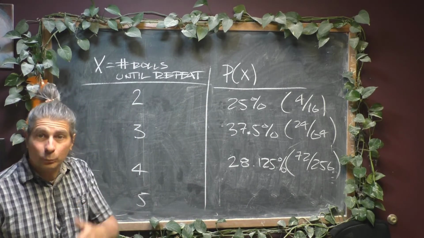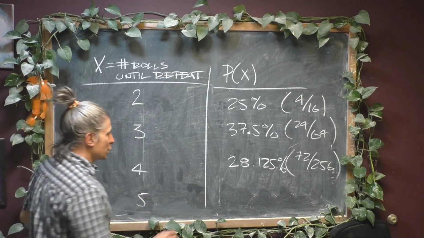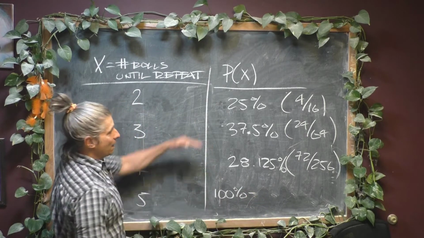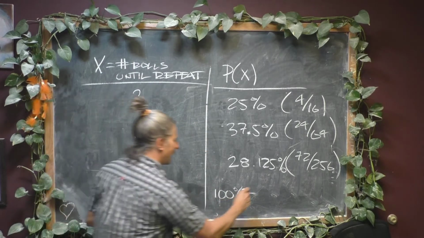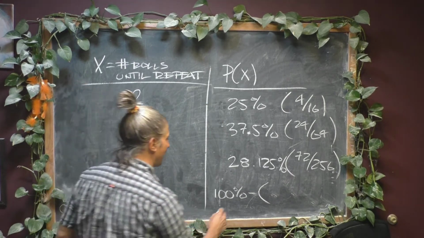Now, if you're clever, which I know you are, you could figure out what the 5th one was by just doing 100% minus the other 3. Now, I took the liberty of adding these up, and I think I got 90.625%.